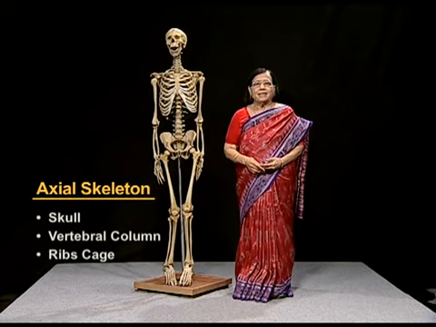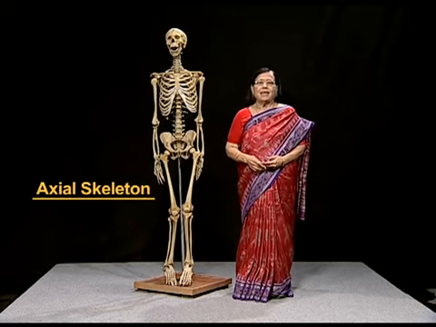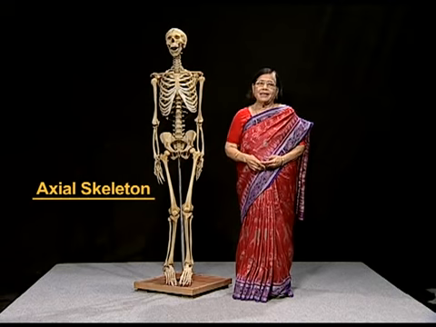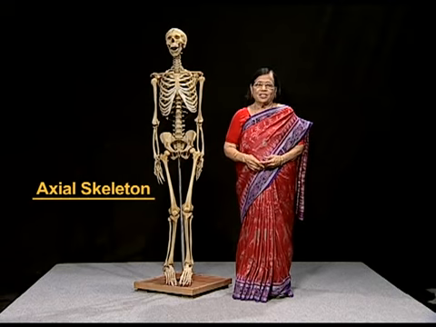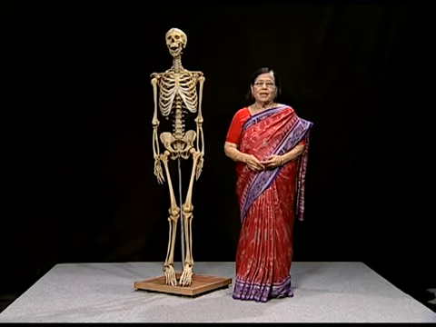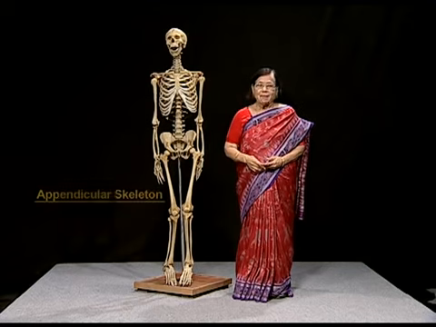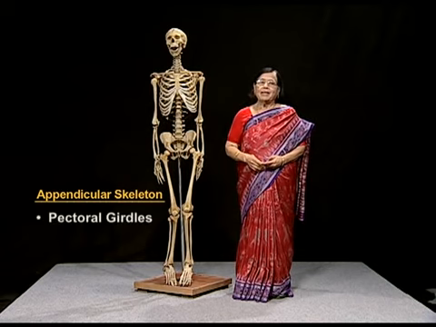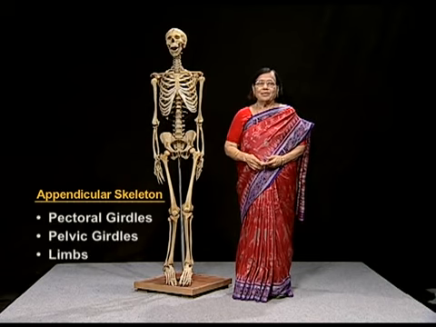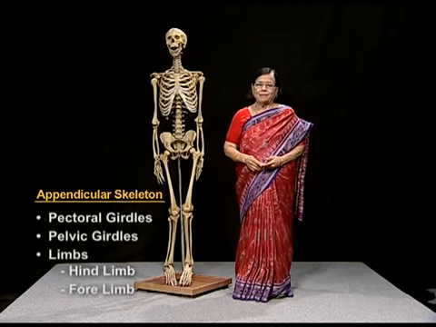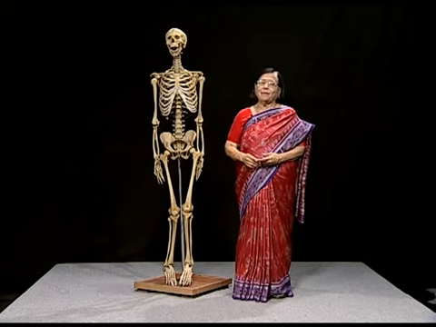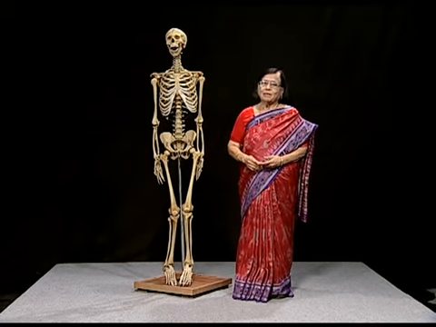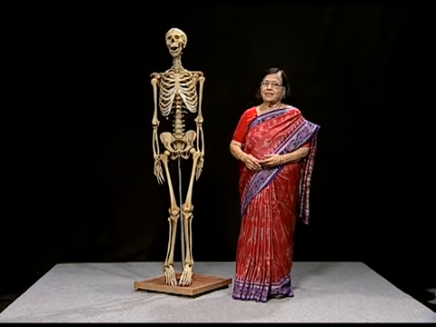Axial means axis; it makes the axis of the body, that is our head, our chest and the vertebral column. The other division is the appendicular skeleton, which includes the pectoral girdle, pelvic girdle, and the hind limb and forelimb. Let me start explaining the bones in this skeleton, starting with the head, which is part of the axial skeleton.